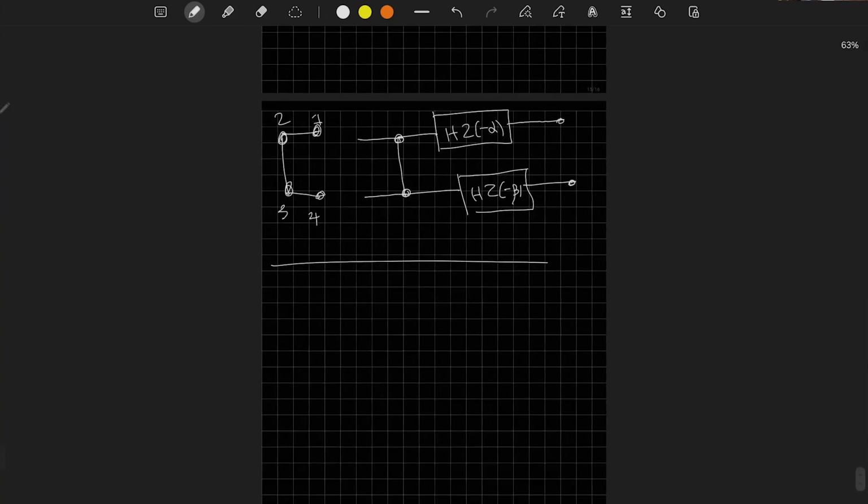Another. So by the way, in the logical space, in encoded space, you have two qubits, but physically you have four qubits, or two logical qubits. Okay. So this implements this gate, a genuine two-qubit gate.